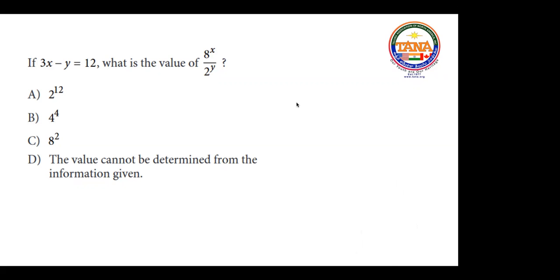All right, so I guess I'll do this problem. This problem looks hard off the bat. However, it's a lot easier once you realize 8 is really just 2 to the third. So you have 2 to the third times x times 2 to the y.